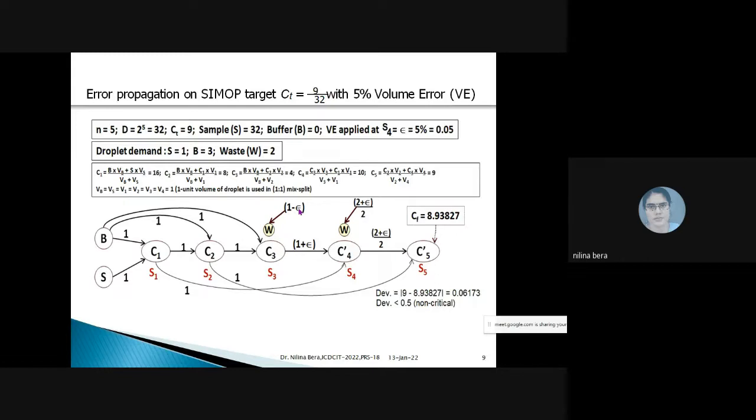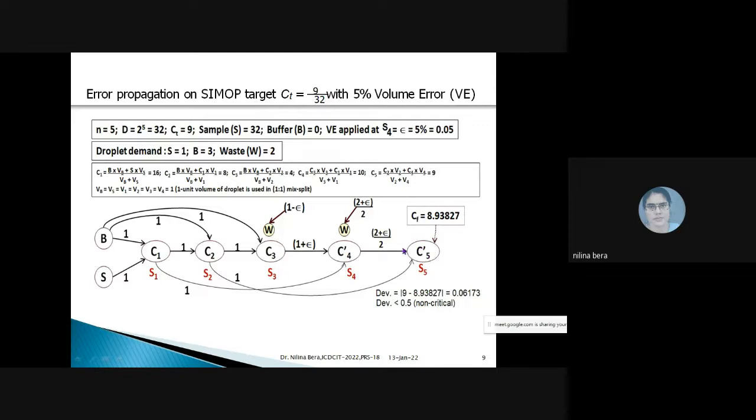Then this 1 plus epsilon is propagated along, so the concentration factor will be changed. The volume becomes 2 plus epsilon plus 2. From C4 we take the concentration factor, and it changes, so we get C4 prime and C5 prime.